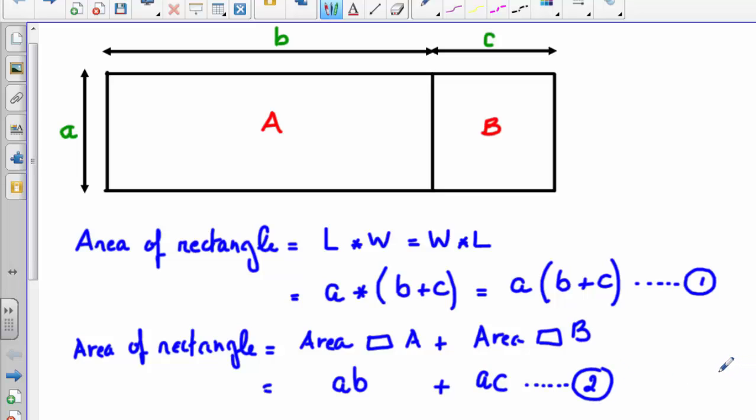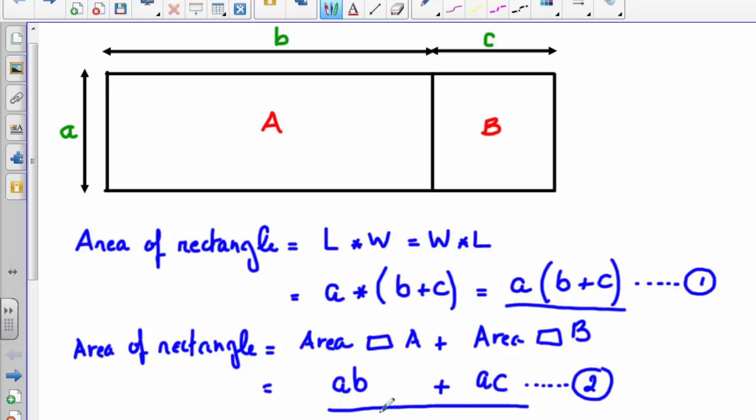Now it's clear that 1 equals 2 because we are talking about the area of the same rectangle. So a(b plus c), at the end, is going to equal ab plus ac.